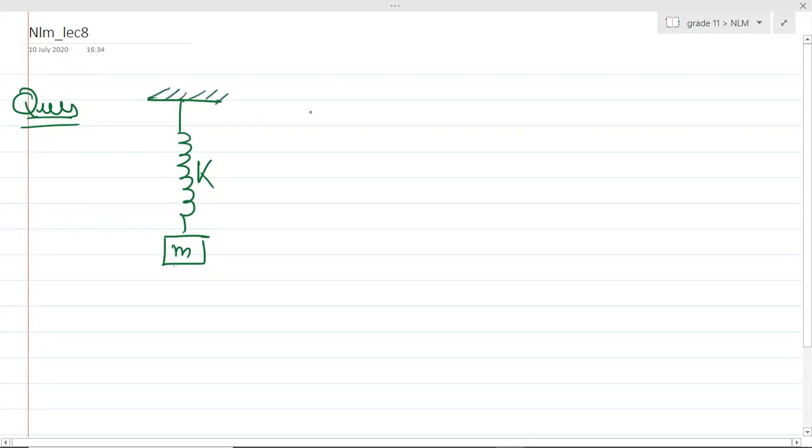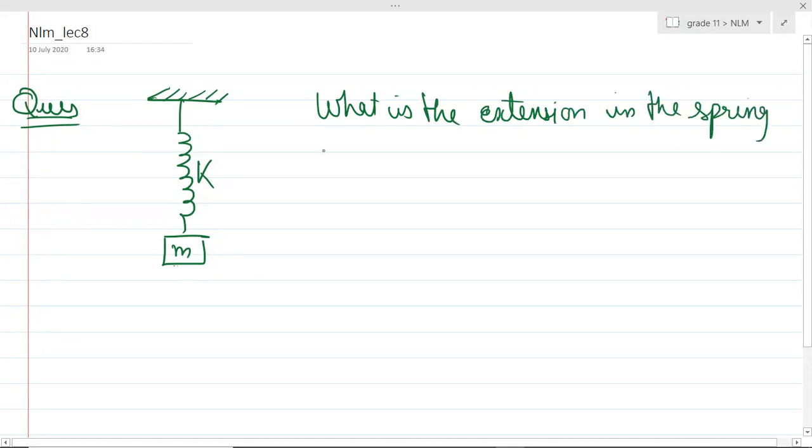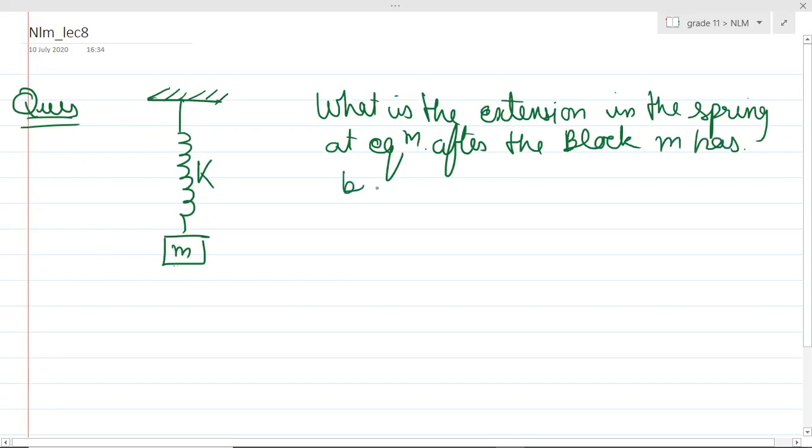Now the question is: what is the extension in the spring at equilibrium after the mass has been released from rest?